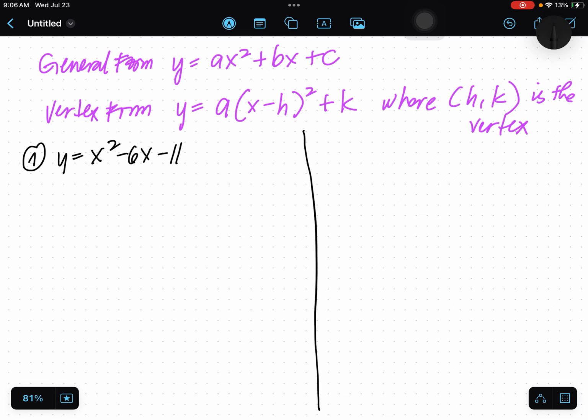Okay? So, completing the square. What we're going to do is x squared minus 6x, ano yung idadagdag natin dito kay 6 para maging completing the square siya? We have 9, right? But we cannot necessarily put 9 here sa side na to. Okay?